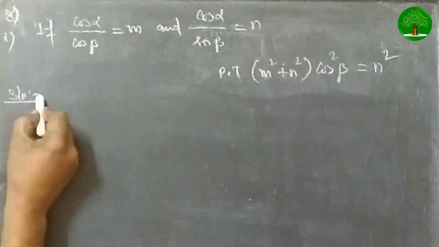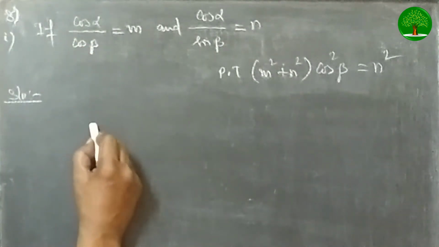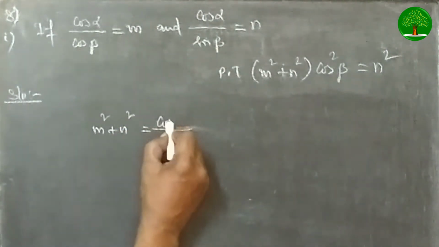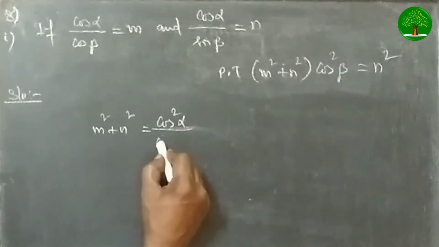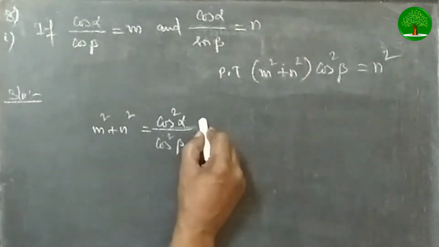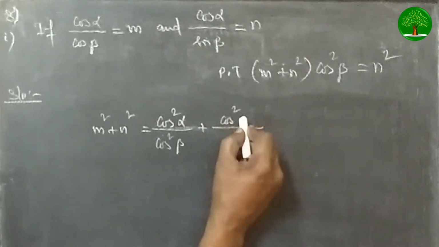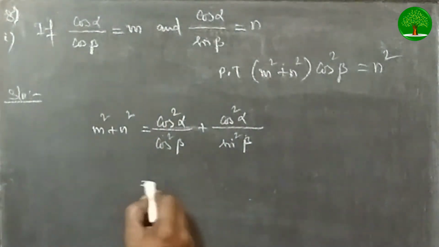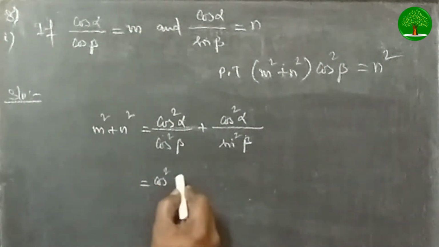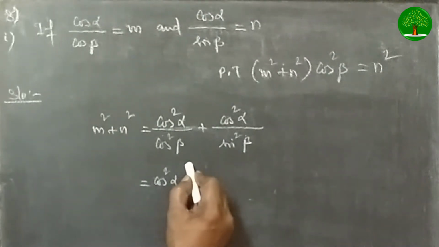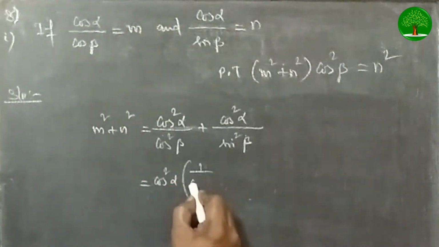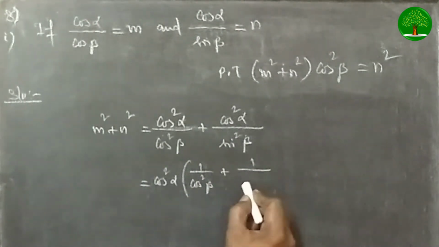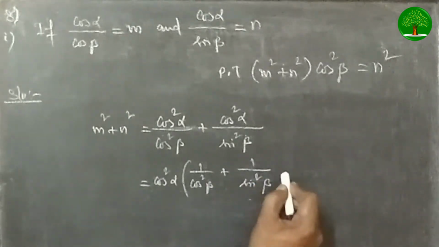Solution is, now m square plus n square is equal to cos square alpha by cos square beta plus cos square alpha by sin square beta. This is equal to cos square alpha, taking out the bracket, 1 by cos square beta plus 1 by sin square beta.